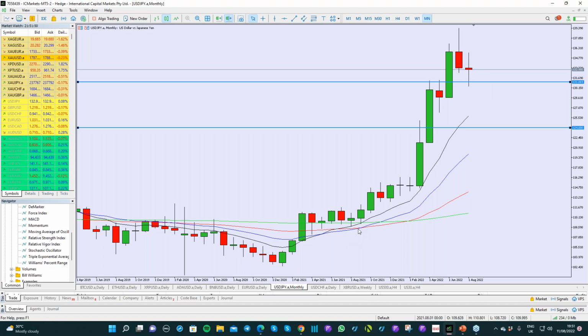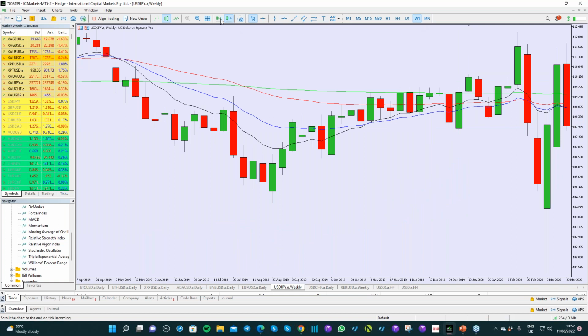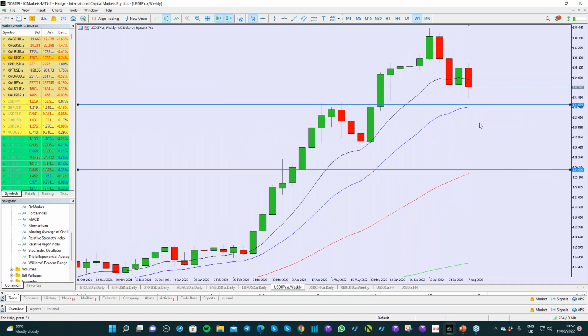However, the fact that this is such a strong uptrend running up here, and of course coinciding things with horizontal levels, because market analysis must always involve horizontal levels as well, there is the potential for this uptrend to resume at any point. So I am looking for an indication that the buyers are potentially back in control. So on a weekly time frame, this candle here, buyers are back in control here.